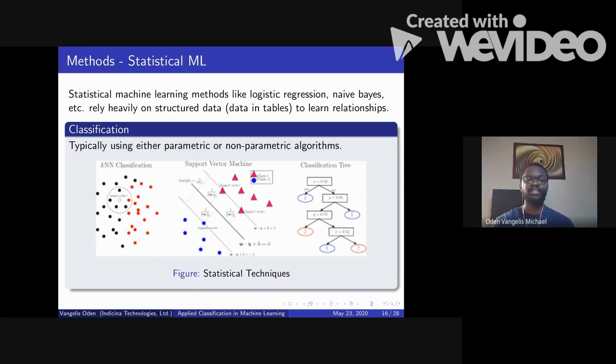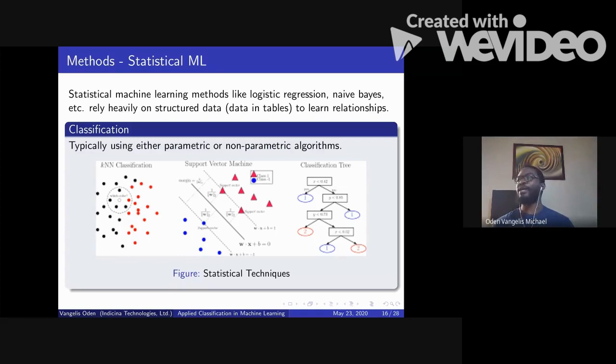So for k-nearest neighbors, we're trying to find, okay, if this class is here, what are the neighbors surrounding that class? And if we find the majority of the neighbors surrounding it belong to the dog class, then we say, okay, if you're surrounded by dogs, then you're a dog.